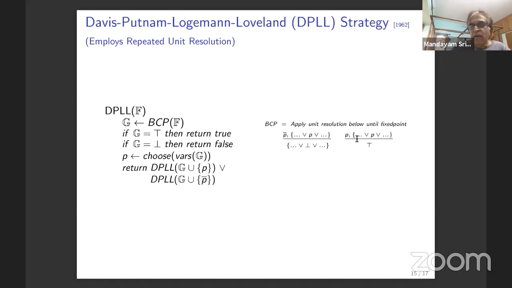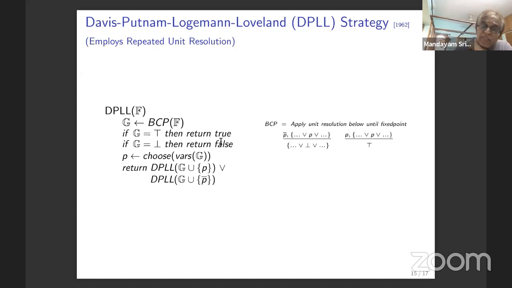As a result, sometimes all the clauses may simplify to true, in which case you get a true answer. But because there are other literals in the other clauses, Boolean propagation will not necessarily simplify all the clauses to either true or false. That's what BCP is doing: just looking at unit clauses, assigning appropriate values, and using that to simplify the other clauses.